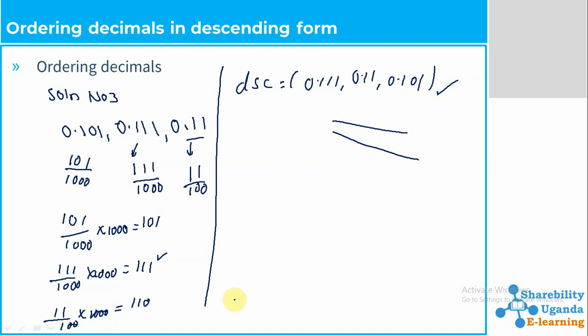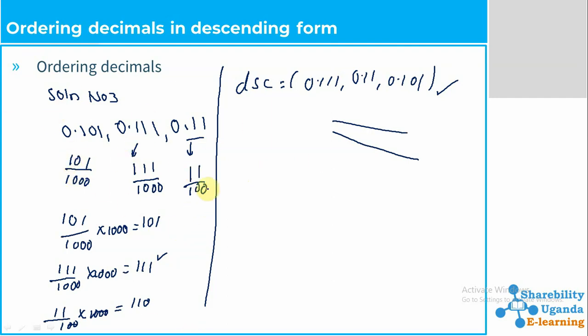Okay, so we have been able to handle a part of what we call descending, and when a question comes, please be able to look out and solve numbers concerning descending numbers. All right. So hope this lesson has been able to take you well. To make a recap, change this into proper fractions, like here.